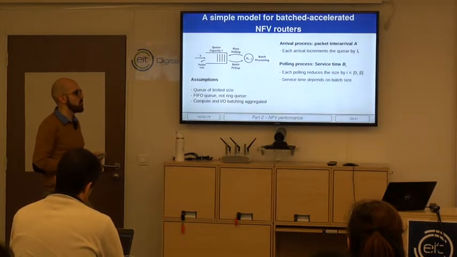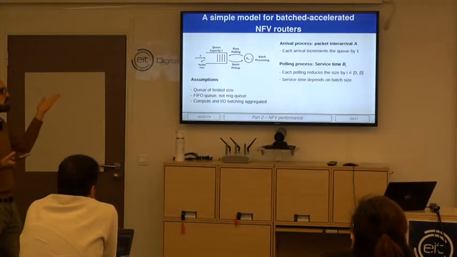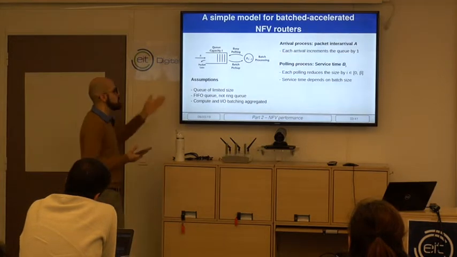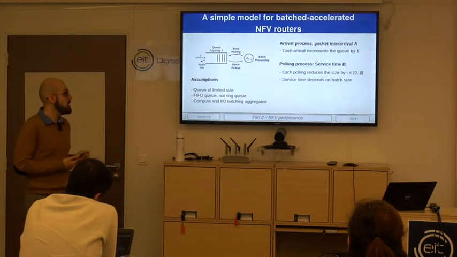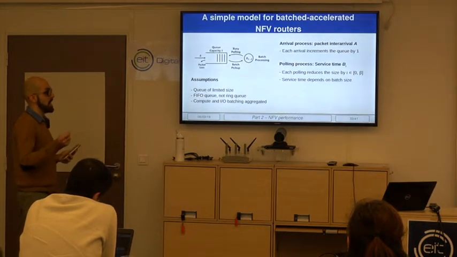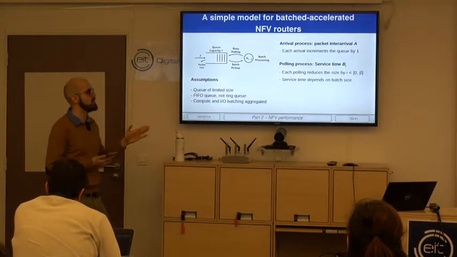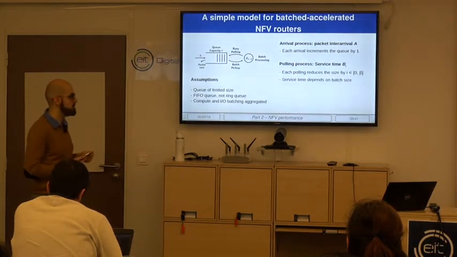Then we introduce two elements. First, the arrival process of packets: each arrival will increment the queue by 1. Second, the polling process of service time b_i, because each polling will reduce the size of the queue by i, that is the batch that is grabbed.